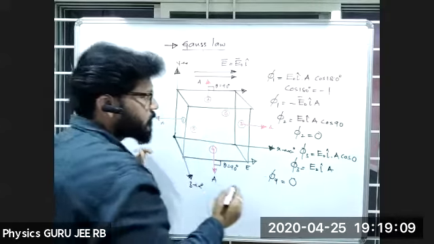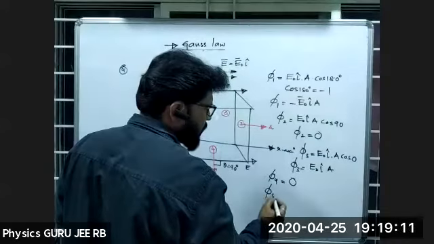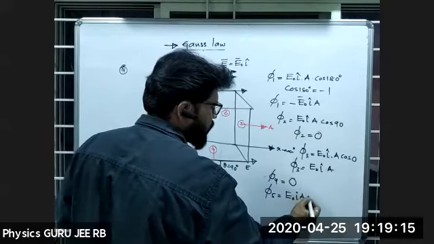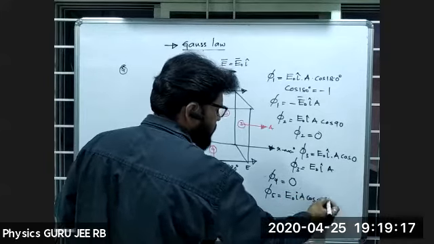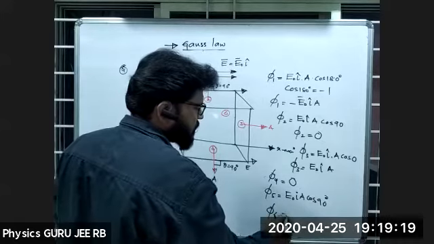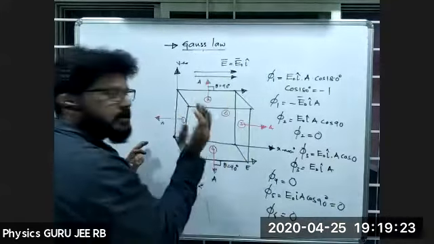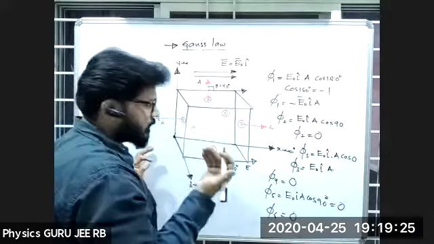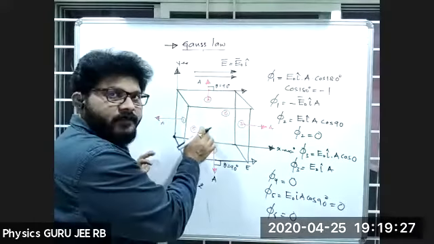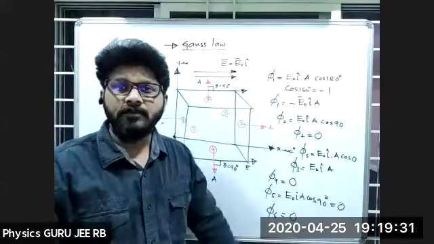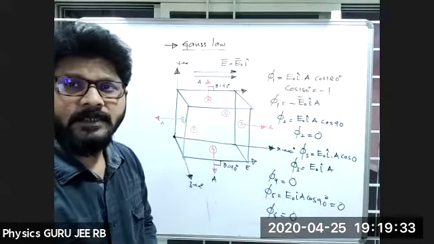When theta is 90 degrees, cos 90 is 0, then flux will be 0. Fifth surface, the outward normal to the fifth surface and the area vector are perpendicular to each other. Theta is 90 degrees, so phi 5 is E naught I into A into cos 90. Similarly, phi 6 is also 0. Both the fifth and sixth surface fluxes are 0. Is it clear?